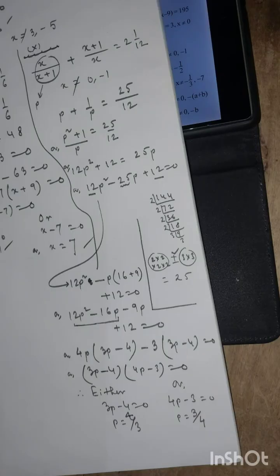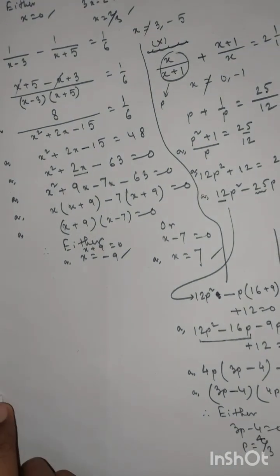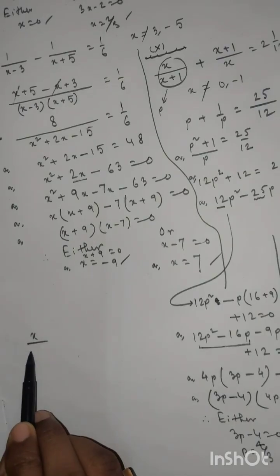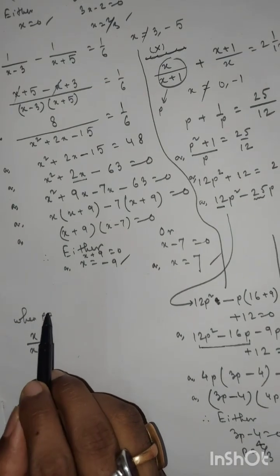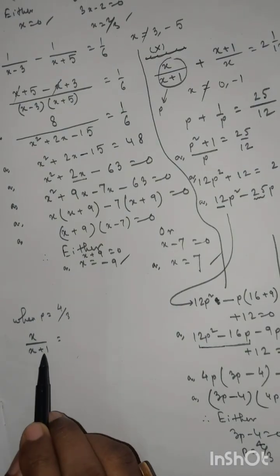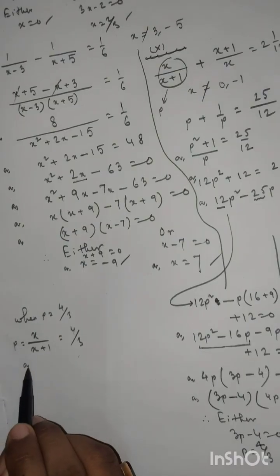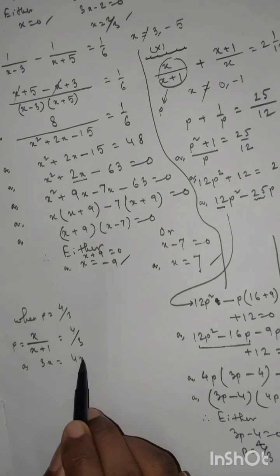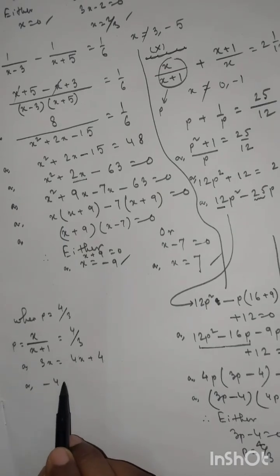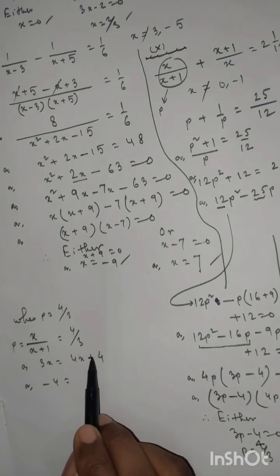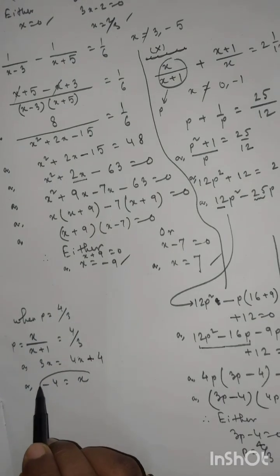Now we know p is x by x plus 1. So when p equal to 4/3, then x by x plus 1, which is actually p, is equal to 4/3. So if we solve it, x is minus 4.